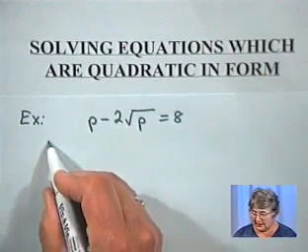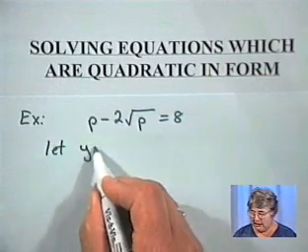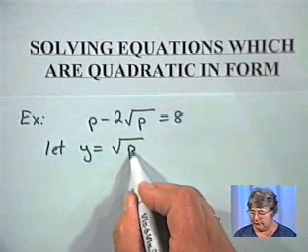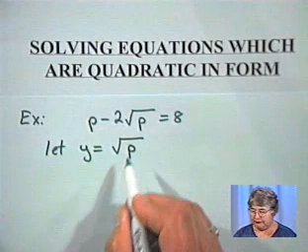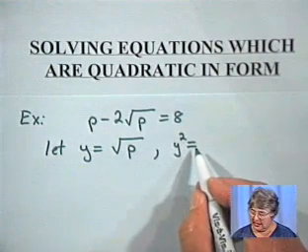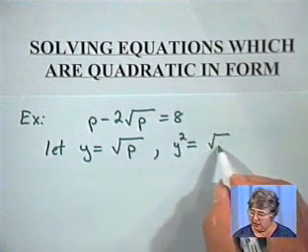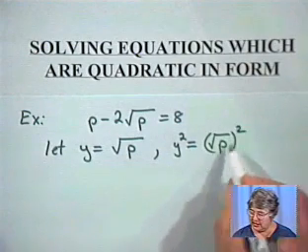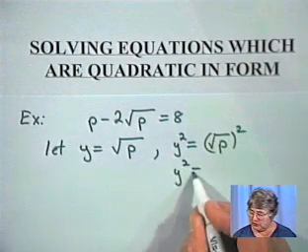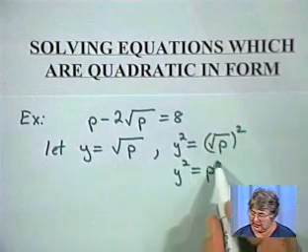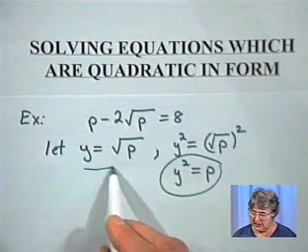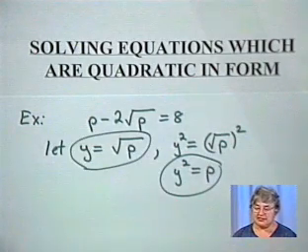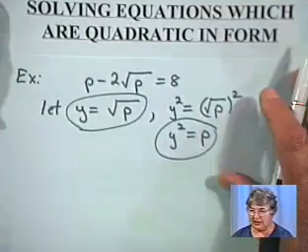So in this case, let's let y equal the square root of p. Then y squared would be the square root of p, the quantity squared, so I would end up with y squared, which is equal to p. So notice that p now is y squared, and the square root of p is the simple y that we started with.